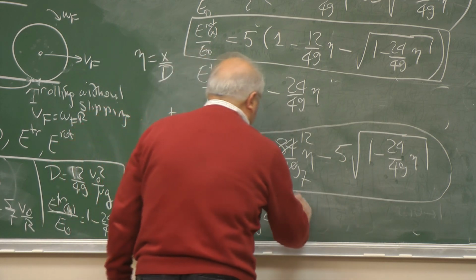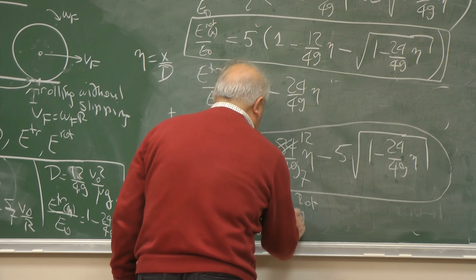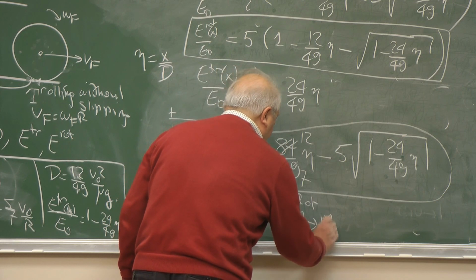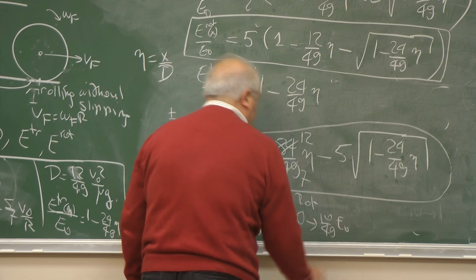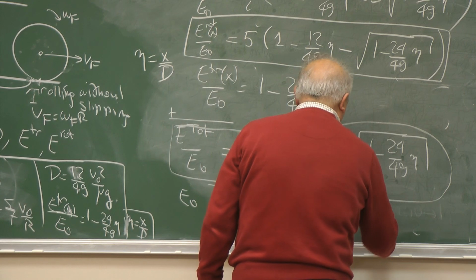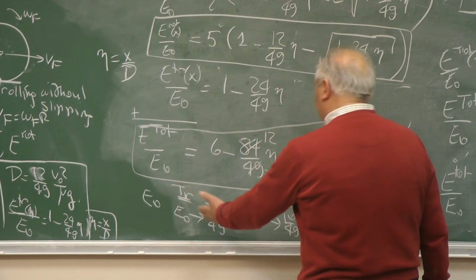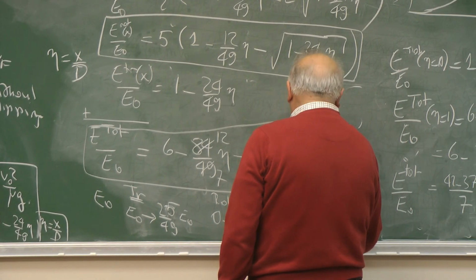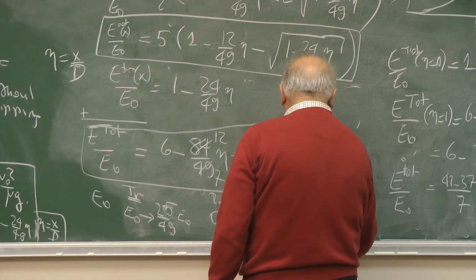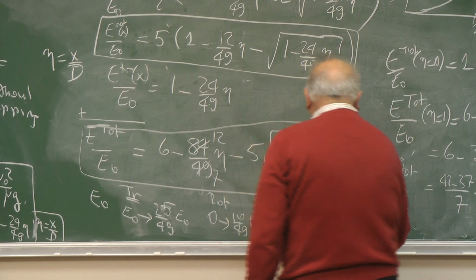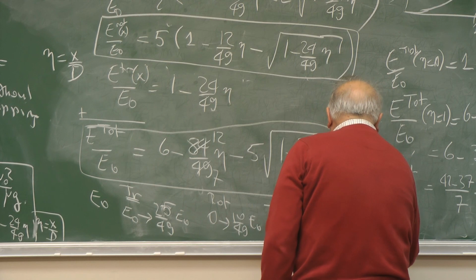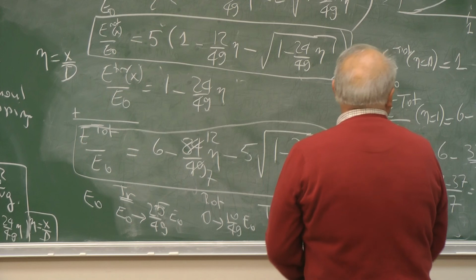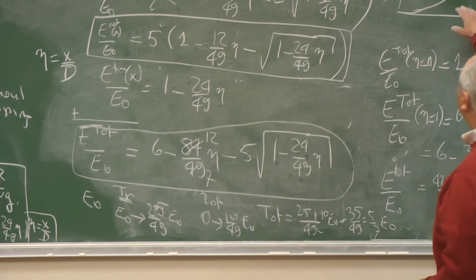In the rotational case, energy starts from 0, goes to 10 over 49 E0, and the total is the translational mode plus the rotational mode, so 25 plus 10 over 49 E0, which is 35 over 49, or 5 over 7 E0.